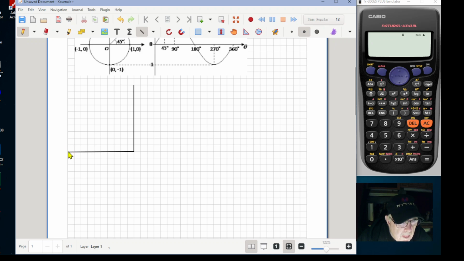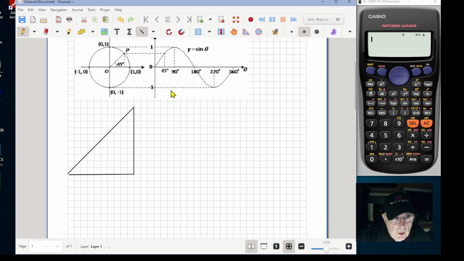I didn't get that perfect, but it's close enough. We have a triangle, and notice that this is a triangle up here. This is a triangle that I have created such that both the x and y sides are the same, and we're going to say that this is 1 unit and this is 1 unit.